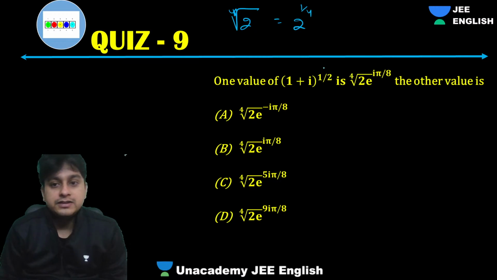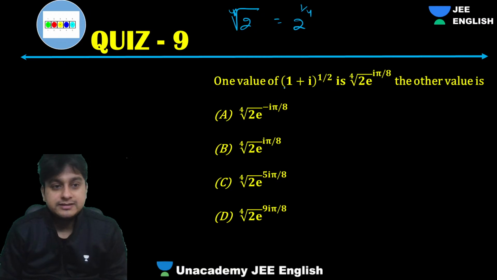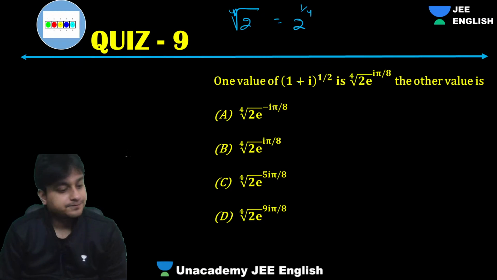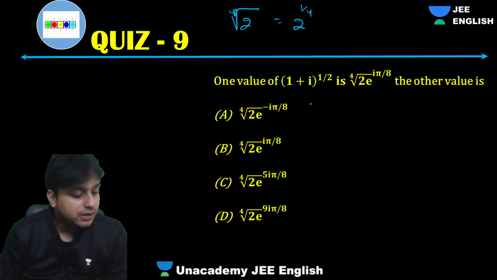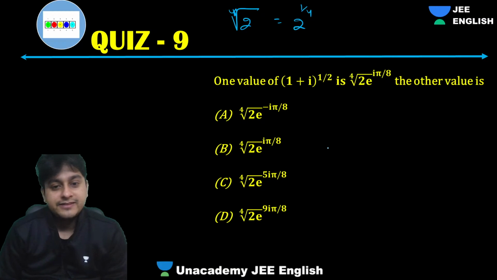So one value of this is this. What will be the other value? Come on, guys. I told you the inside part we have to break and write as something else. Karnataka is saying option A. Check your answer once.